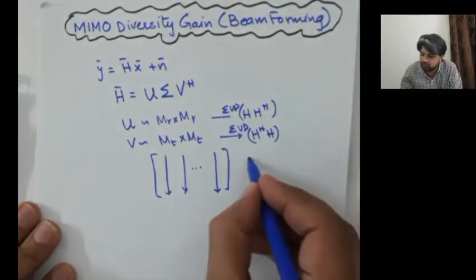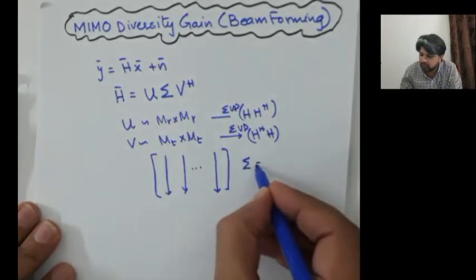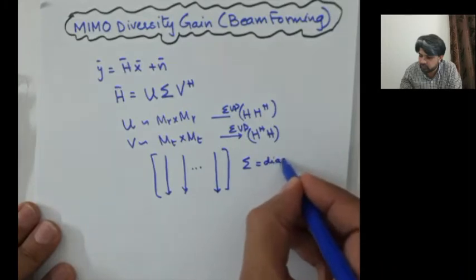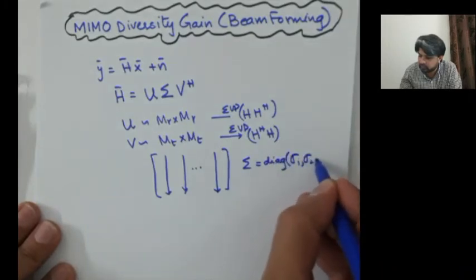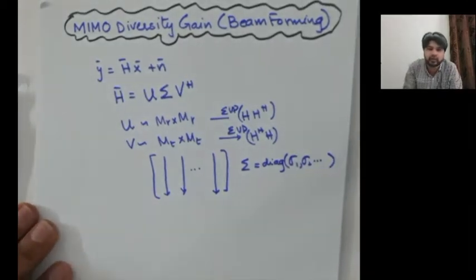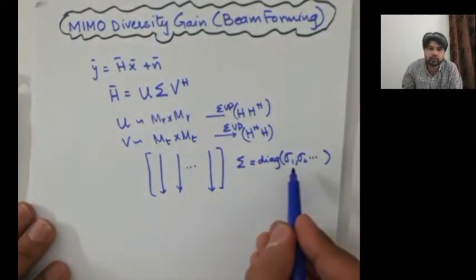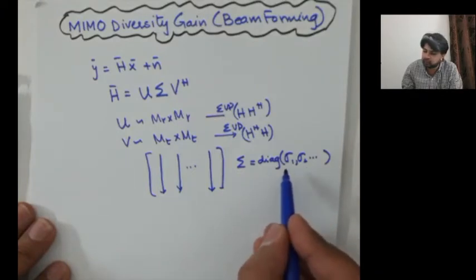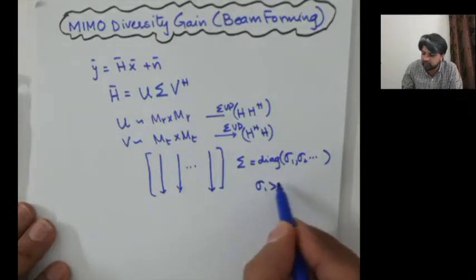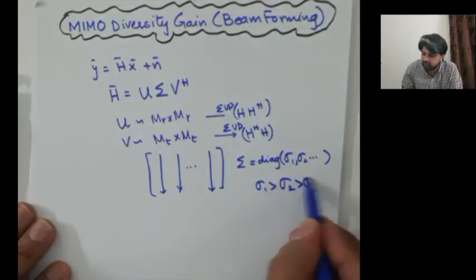So remember, this sigma is a diagonal matrix containing the singular values sigma 1, sigma 2, all the way to sigma RH, where these singular values are arranged in an order such that sigma 1 is greater than sigma 2, greater than sigma 3, and so on.